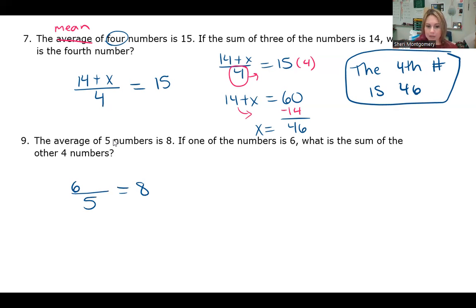Well, you have to add all the stuff up, so it's the same thing plus X. And we're going to solve it the same. So we get 6 plus X divided by 5 equals 8. My first step is to take that 5 and multiply by 5. I get 40, and then my last step, I need to subtract 6.